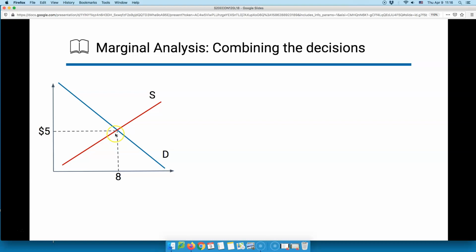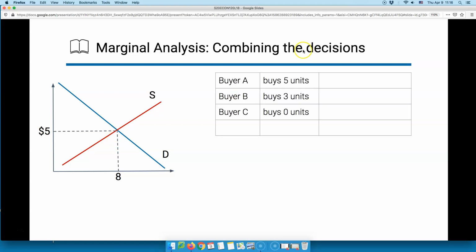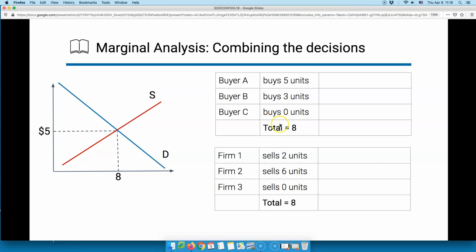And suppose that in this market there will be 3 buyers and 3 sellers, and the buyers would be as follows. The first buyer, buyer A, will buy 5 units, buyer B will buy 3 units, and buyer C will buy nothing. And then there's going to be 3 sellers. Firm 1 will sell 2 units, firm 2 will sell 6 units, and firm 3 will sell no units at all.